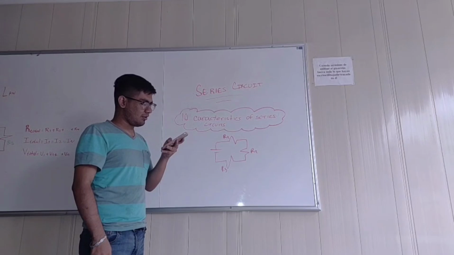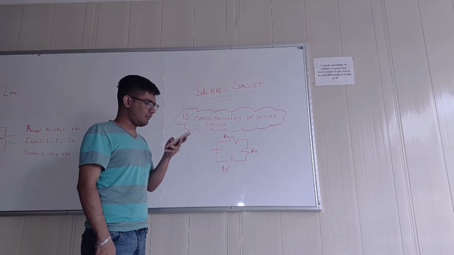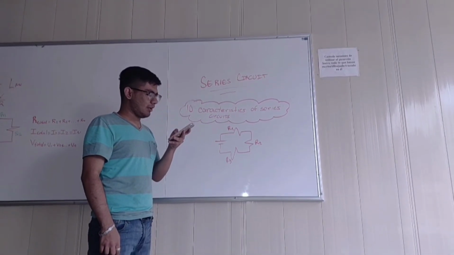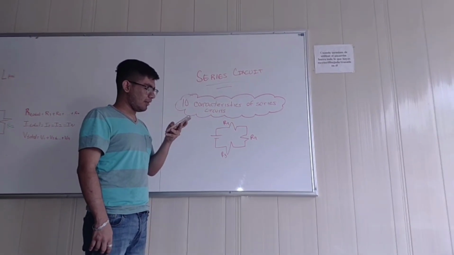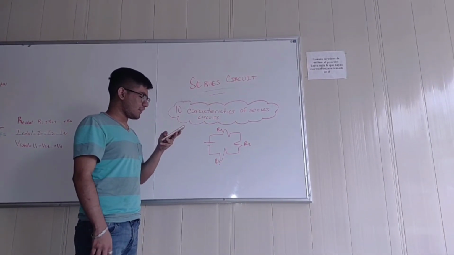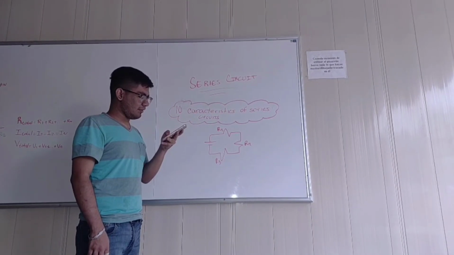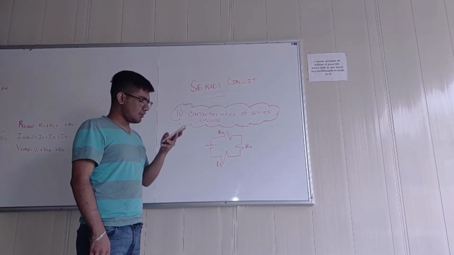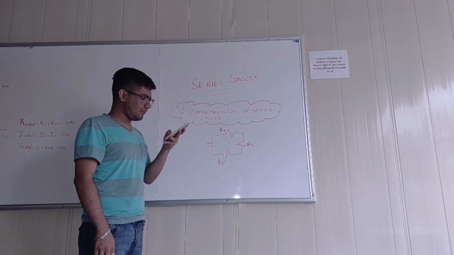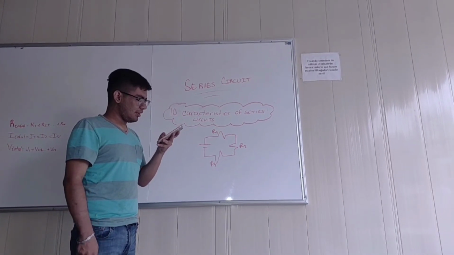4. If an interruption occurs in one of the sequence components, the operation will stop. 5. The wires connecting the sequence elements provide no resistance to the current. 6. The greater the resistance, the lower the current. 7. The position of the switch does not matter. 8.